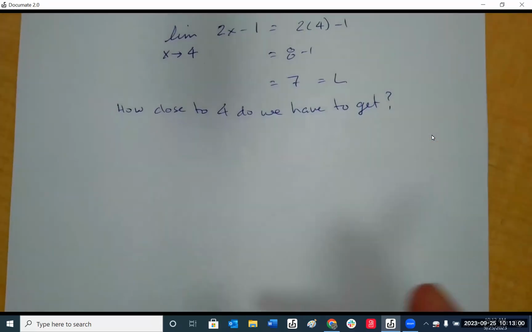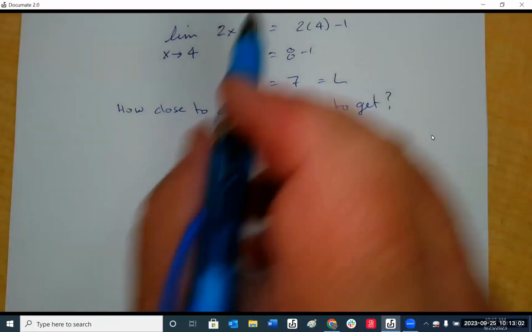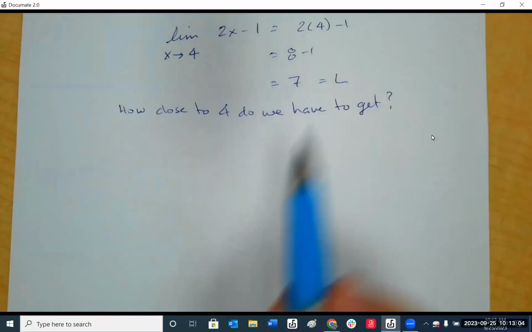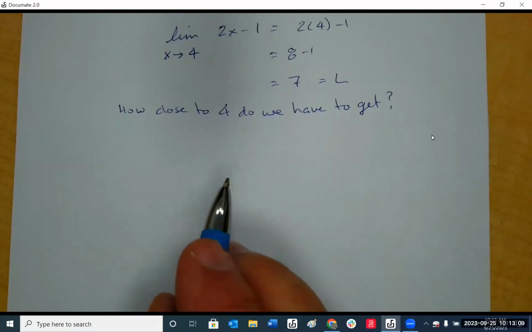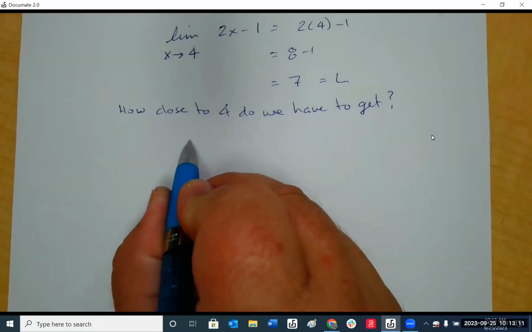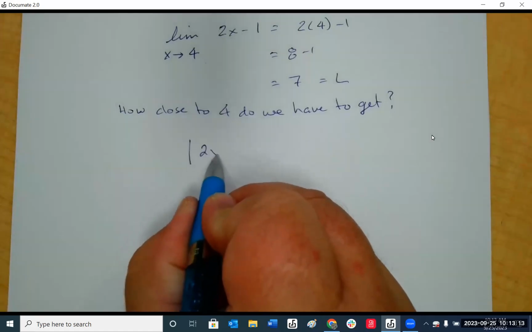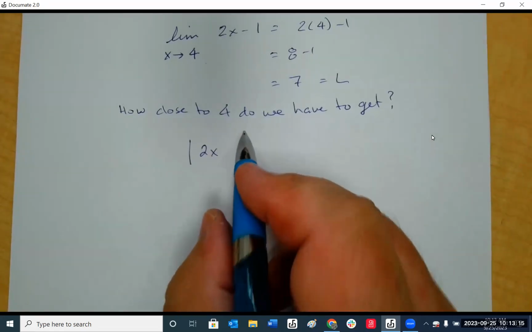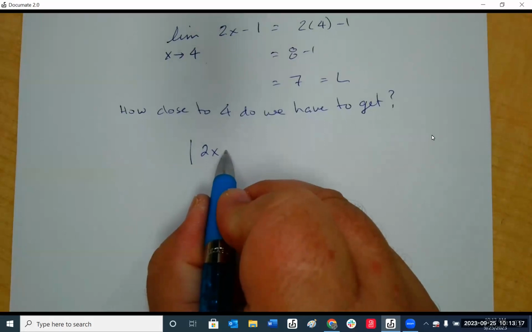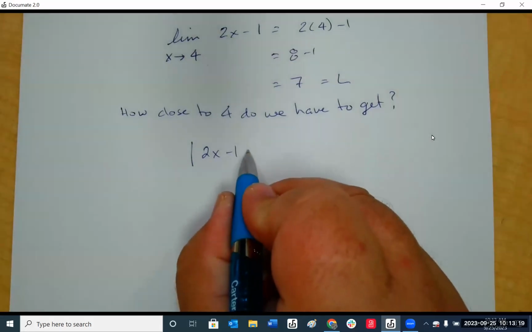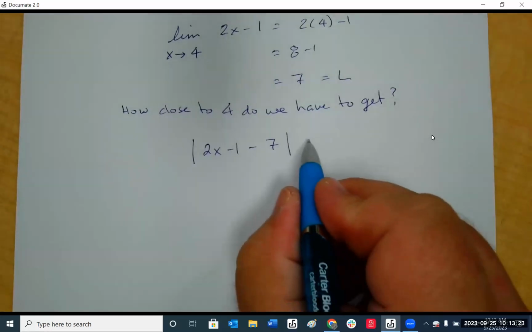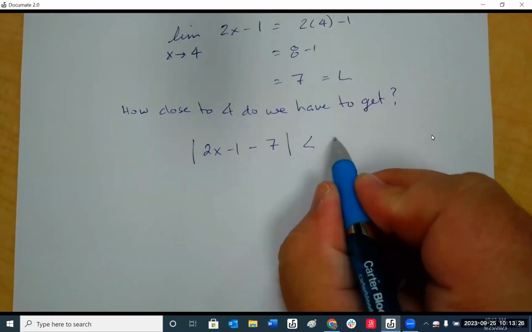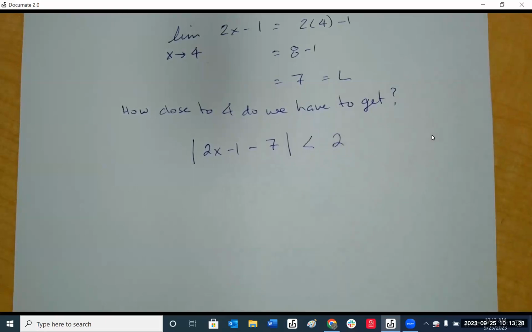So how close to 4 do we have to get? Do we have to be within 1 if we want the function within 2? All right, so what we're looking at here is the absolute value of our function, 2x minus 1 minus 7, is less than some number. We'll say 2.